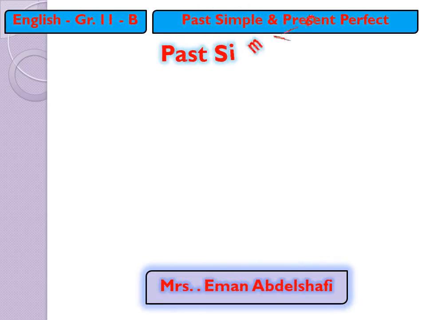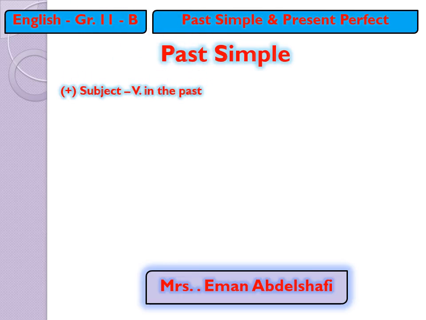To begin with, let's start with past simple. To form a positive sentence, we start with subject, verb in the past, and completion. The subject can be a noun or a pronoun, as we will see in the examples.